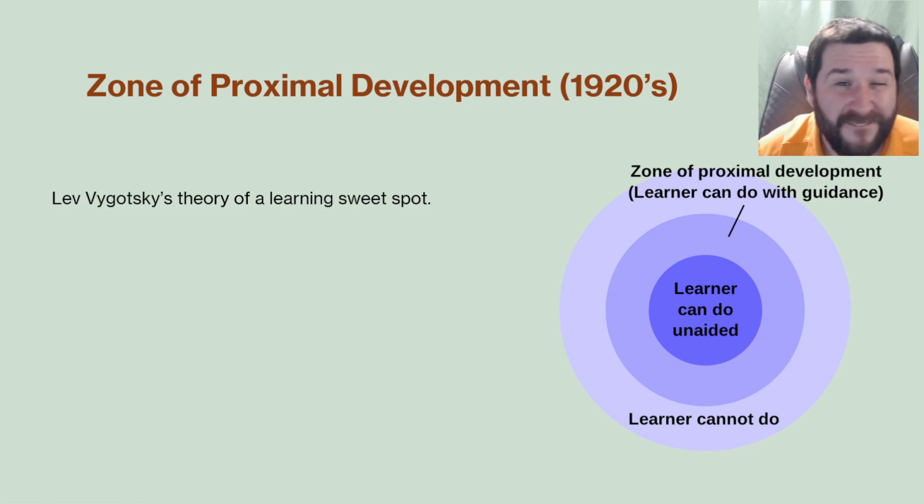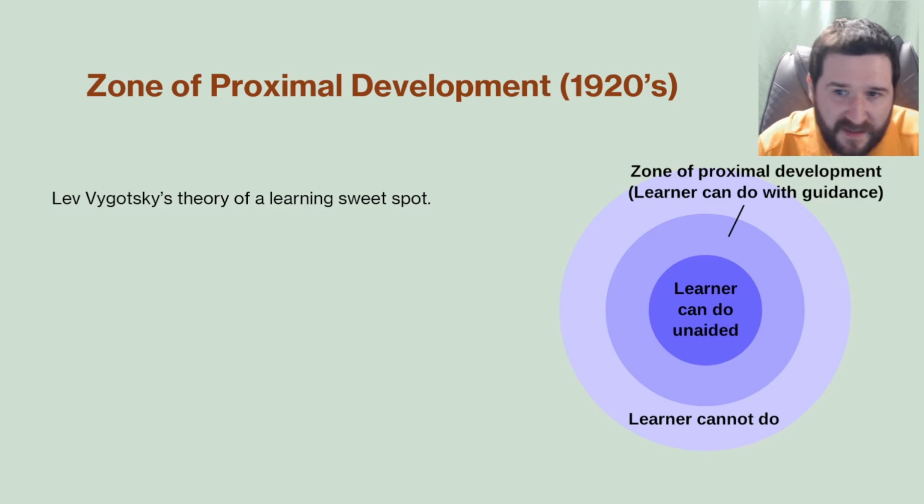This is where efficient learning takes place, where we give the learner enough help that they can achieve something new, but not so much help that it's too easy, right? So this is kind of that learning sweet spot.